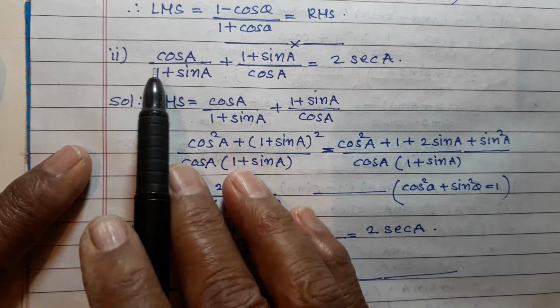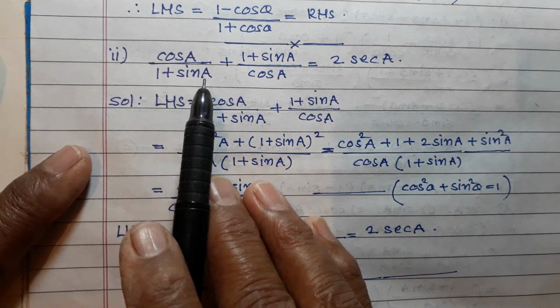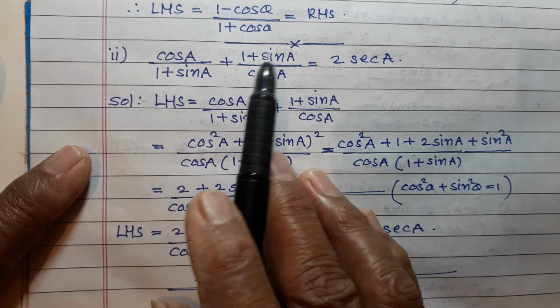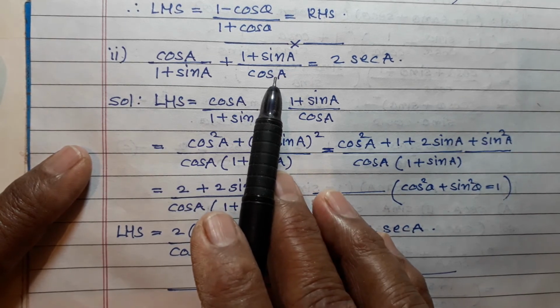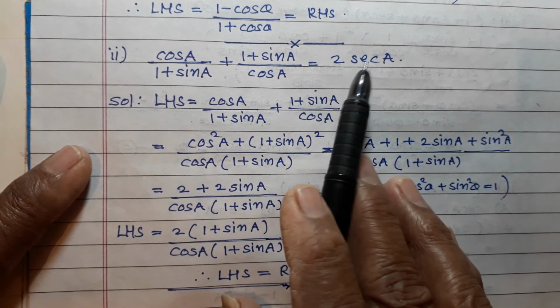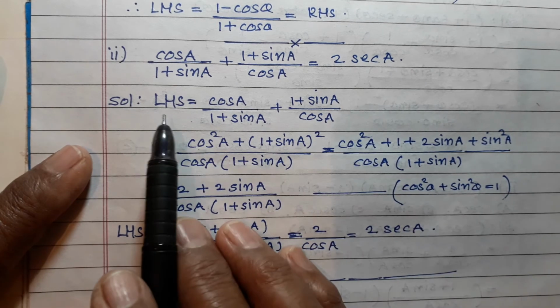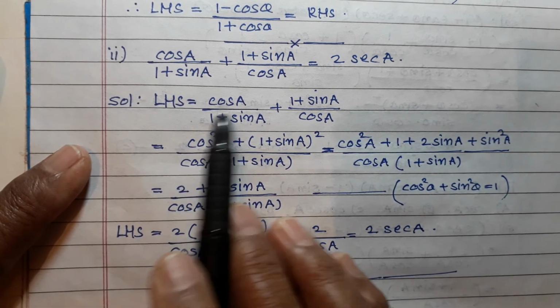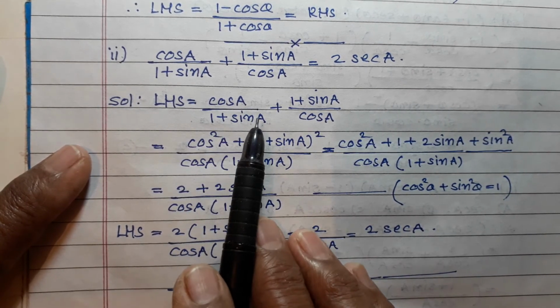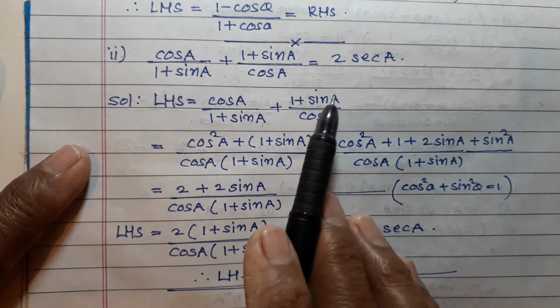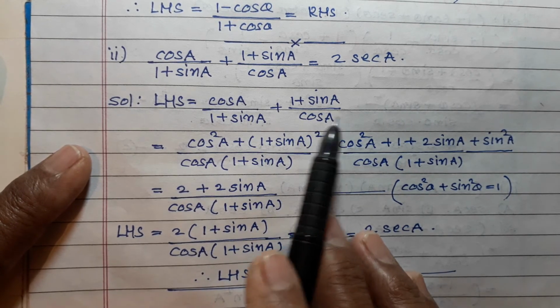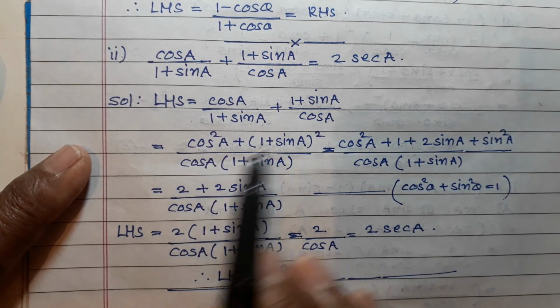Question number 2. Cos A upon 1 plus sin A plus 1 plus sin A upon cos A is equal to 2 sec A. Left hand side is equal to cos A upon 1 plus sin A plus 1 plus sin A upon cos A. So you add this and simplify.